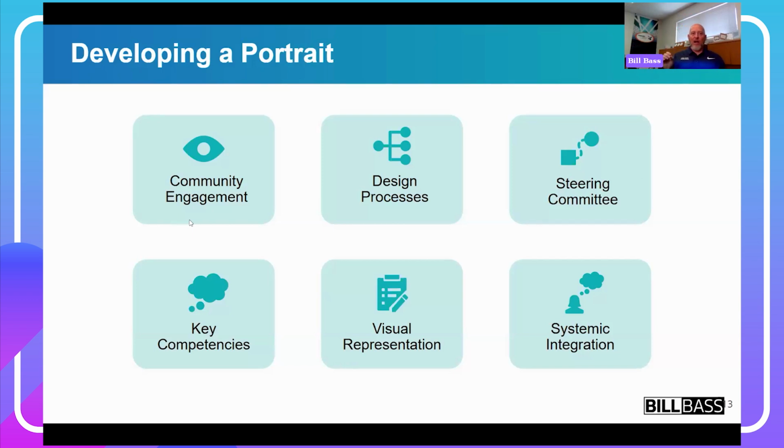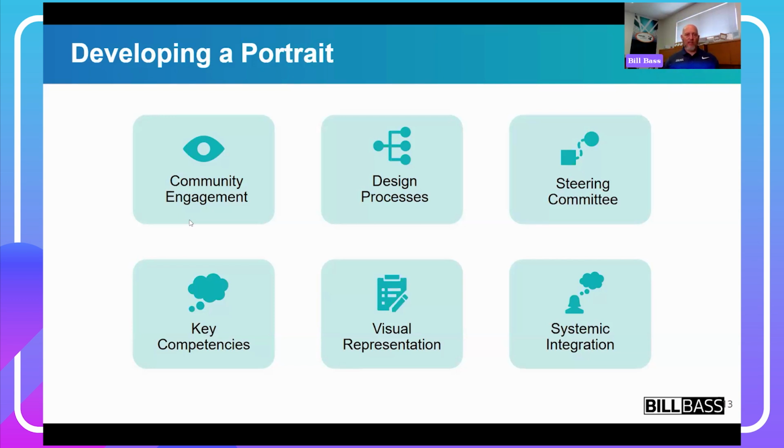So moving on then, we also need to talk about key competencies and what are the things that we really want to bring forth. And then also creating that visual representation. Both of the examples I showed you from my district and the one from New York State had a visual representation. A lot of times, weirdly, they're circles. But in these cases, there needs to be something that is recognizable, that your community can see, and it's part of branding it.